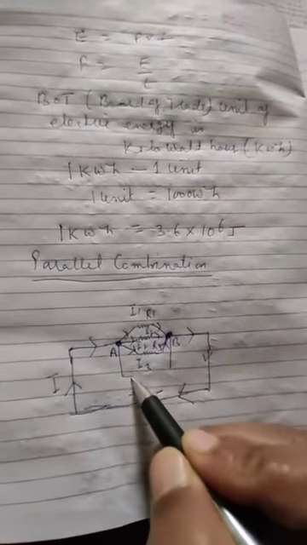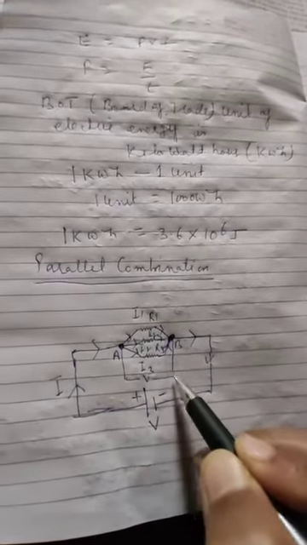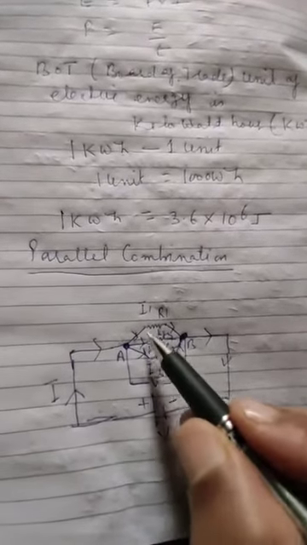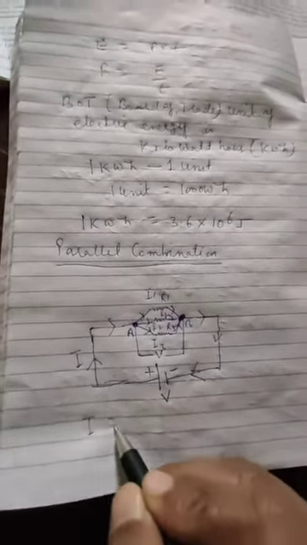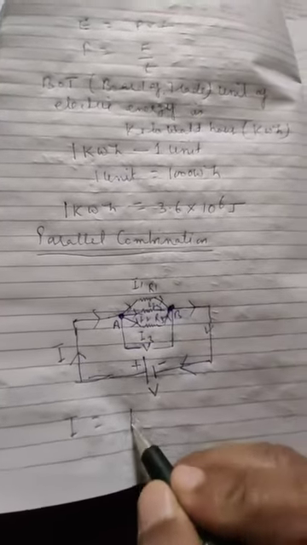Now the potential difference between A and B remains the same. When current divides, potential difference remains the same. Now the total current is equal to I1 plus I2 plus I3.